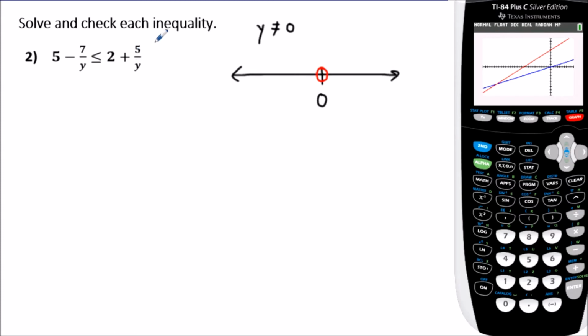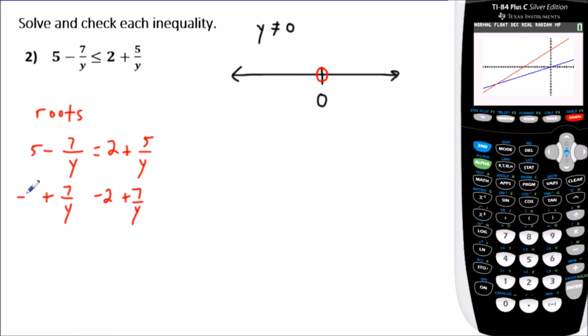The next thing I like to do is look for the roots. To find the roots, just set up the equation 5 minus 7 over y equals 2 plus 5 over y. Treat this as if it's an equation. Now we add 7 over y to both sides, and we subtract 2 on both sides.